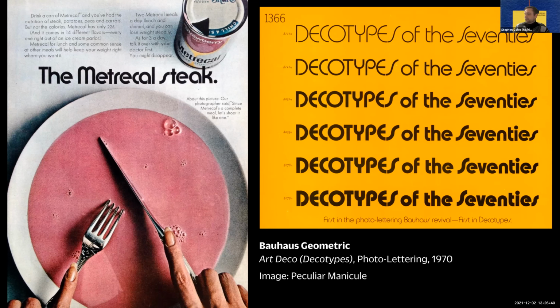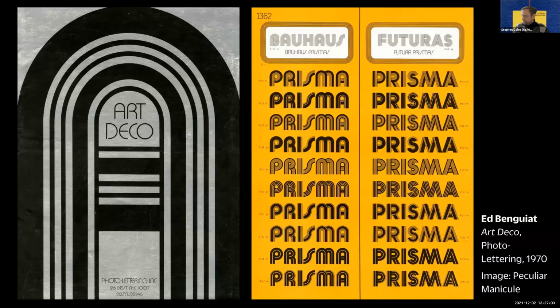But Photo Lettering released a bunch of weights of this, and they say at the bottom there, first in Deco types, first in Photo Lettering Bauhaus revival. I think they were recognizing, as you'll see later, that there were just a deluge of Bauhaus styled revivals at this time, and they wanted to say they're the first.